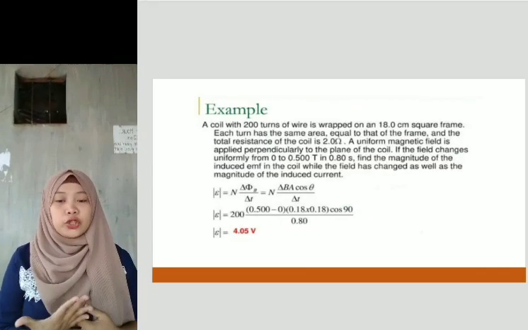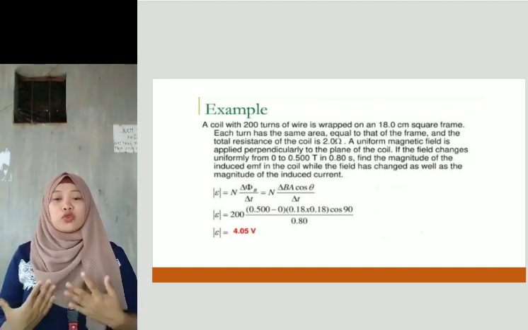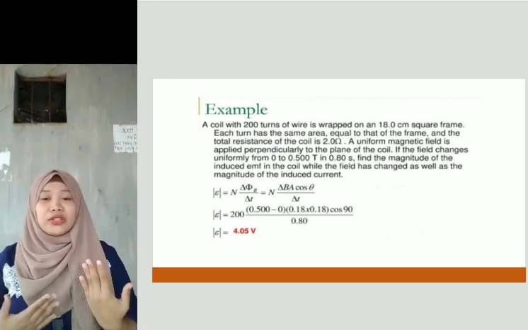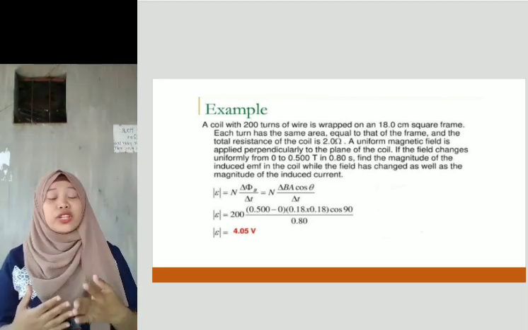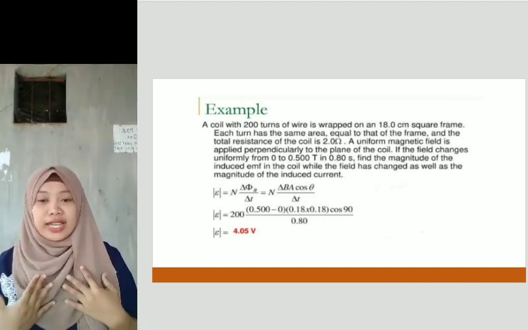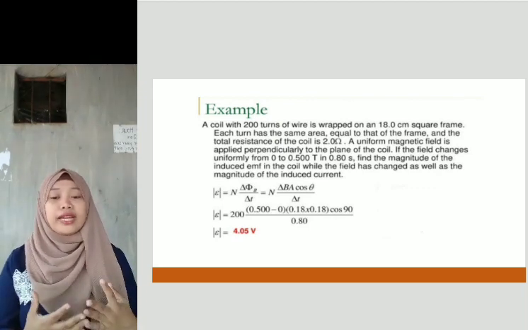Okay, let's proceed to our problem solving, which is the induced voltage. Yung nakikita nyo dyan na ating formula together with the number of loops, also the change in the magnetic flux, and yung sa baba niya, change in time, equals N times change in B times A divided by the change in time.